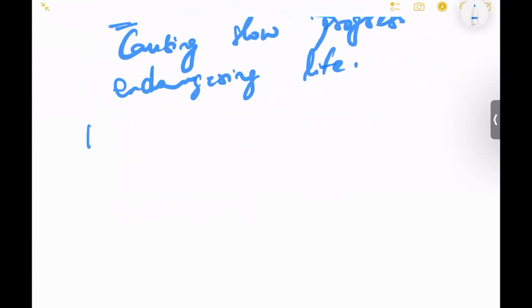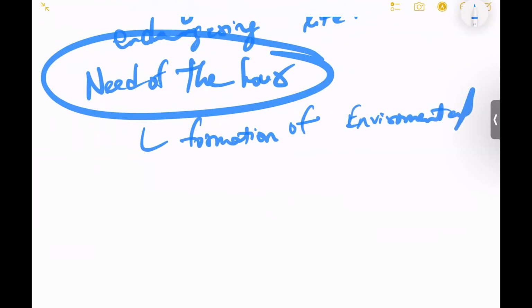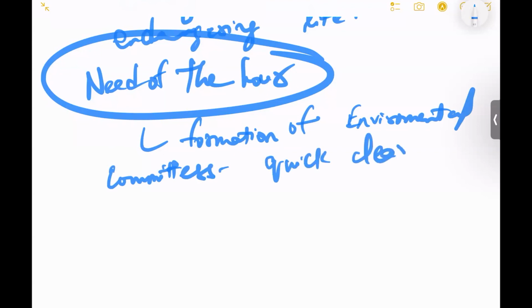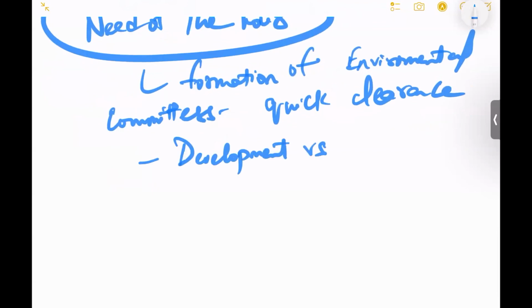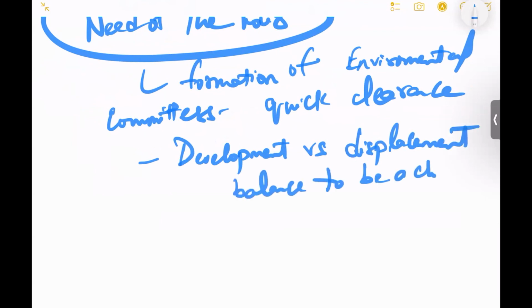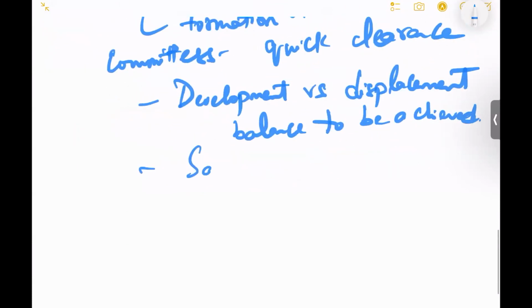So, need of the hour. You can give this angle, need of the hour or way forward. Formation of environmental committees for quick clearance. That is one part. And then development versus displacement balance to be achieved. And then safe and eco-friendly mining.